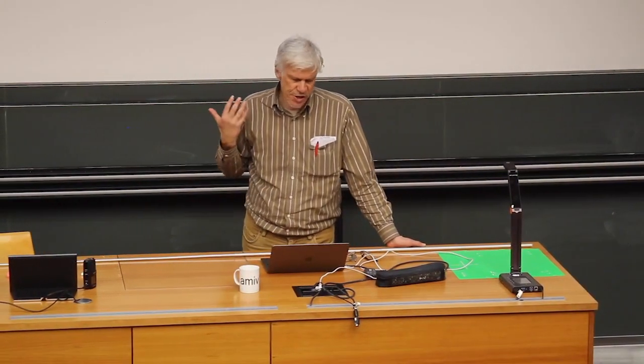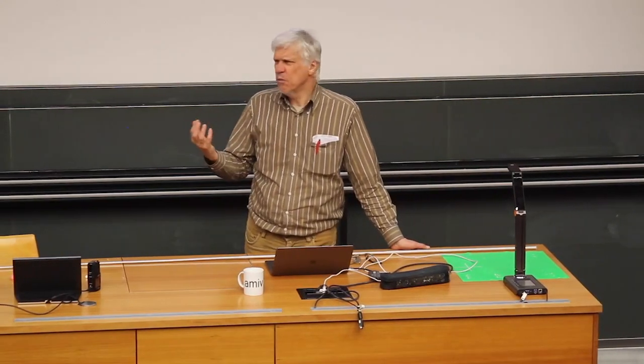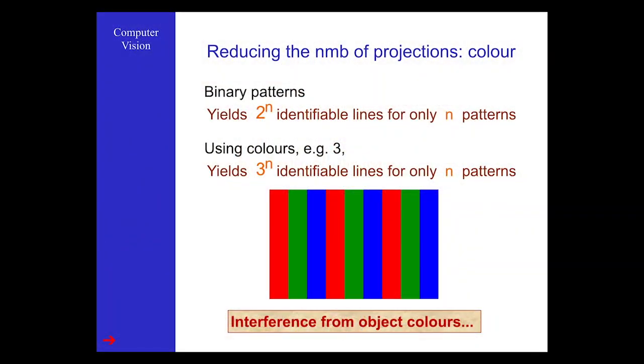So the binary pattern, yes, this is maybe a little bit living dangerously already, because maybe we cannot get the code too precisely. If we have very strongly colored objects on which these colors appear, then we may make mistakes in which color region we actually are. So, not so practically useful.